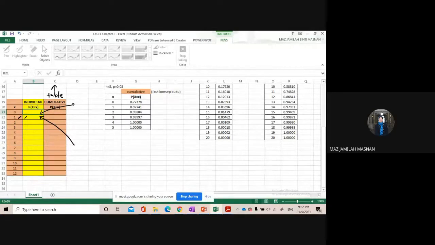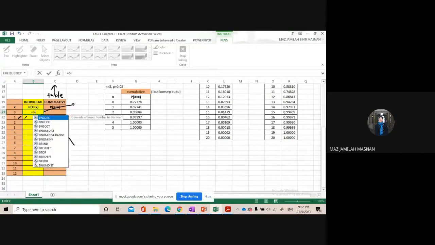So you start with the equal sign, and then just type binom. When you type binom, there will be a few selections that you can have, but usually for this one, we are going to use the first option.